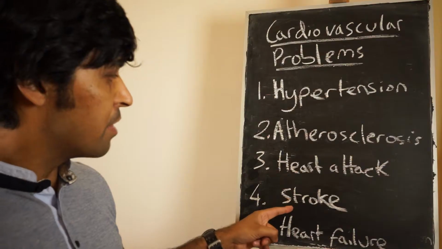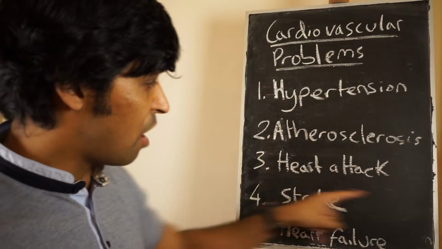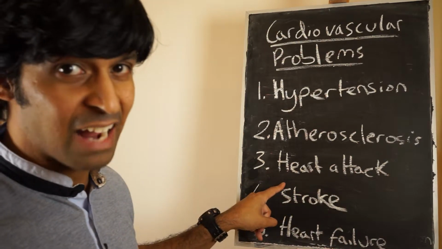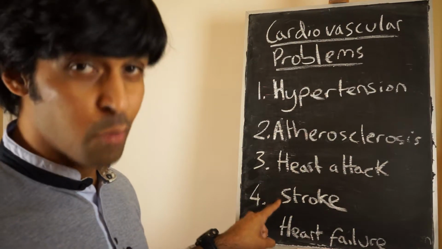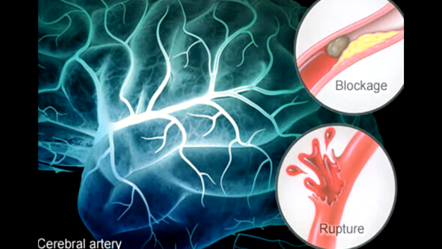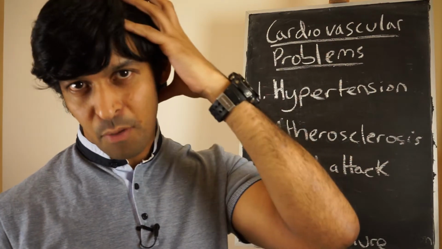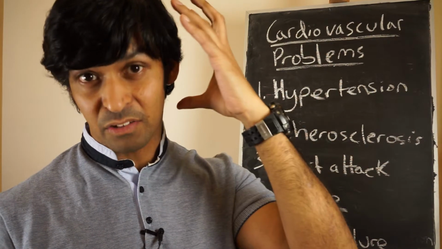Okay? The stroke is the brain version of this. Here the heart muscle cells are dying because of a lack of oxygen. Here, brain cells are dying because of a lack of oxygen. And of course, your brain is basically what makes you, you. So you don't ever want to get a stroke. You've got these blood vessels here, and when they get blocked off, the brain starves of oxygen and brain cells die.